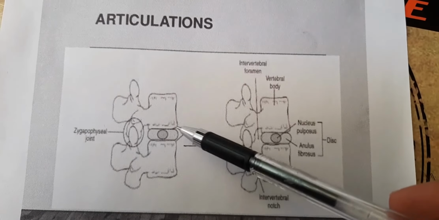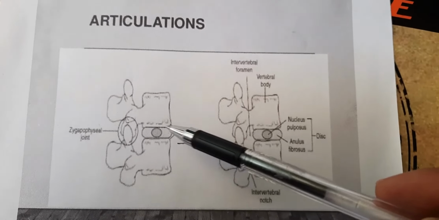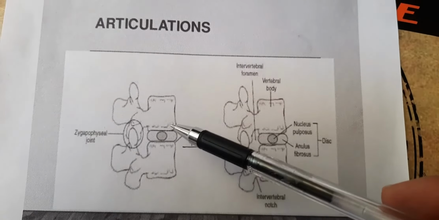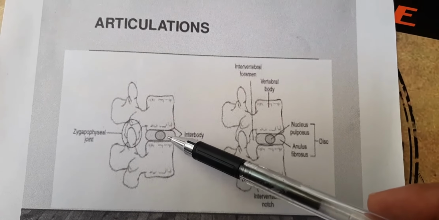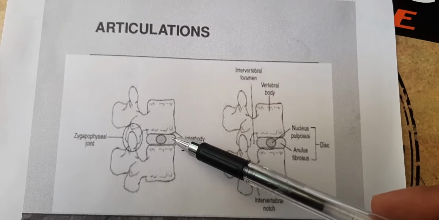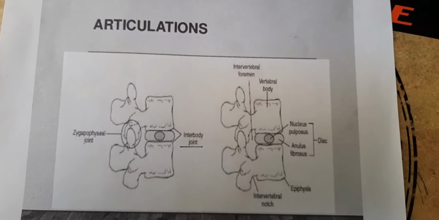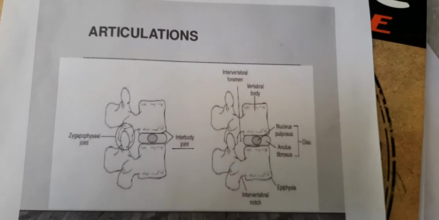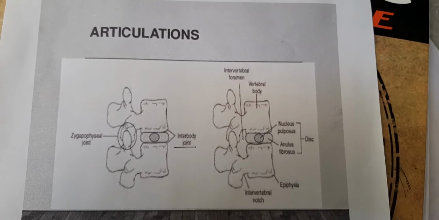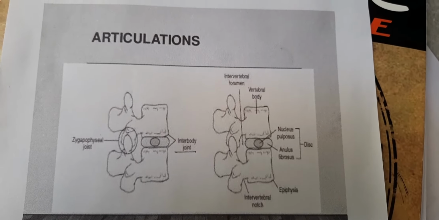The available motion at the interbody joint is gliding, distraction, compression and rotation. It is also called tilt or rocking in the spine. The gliding motion can occur in the following directions: anterior to posterior, medial to lateral and torsional.